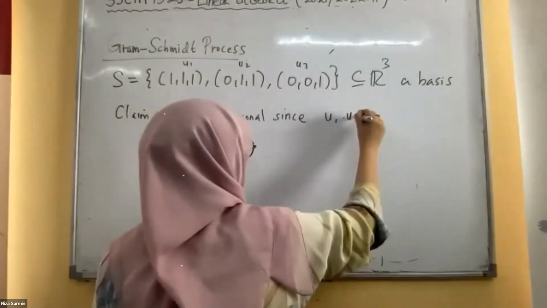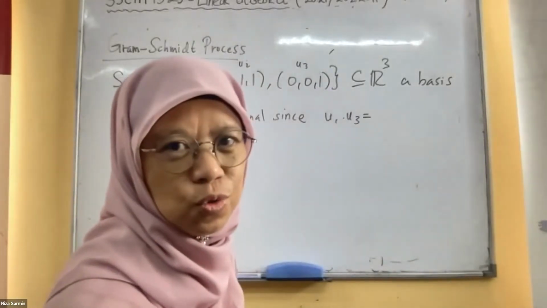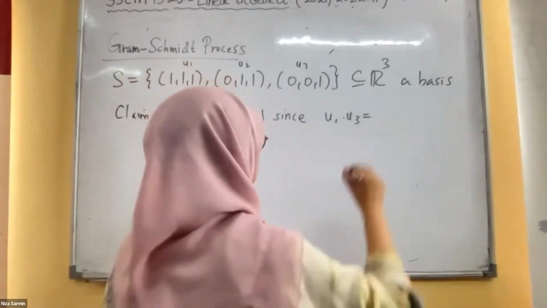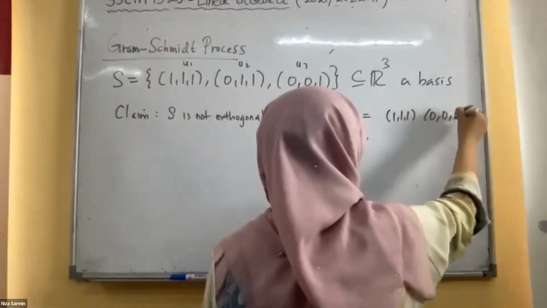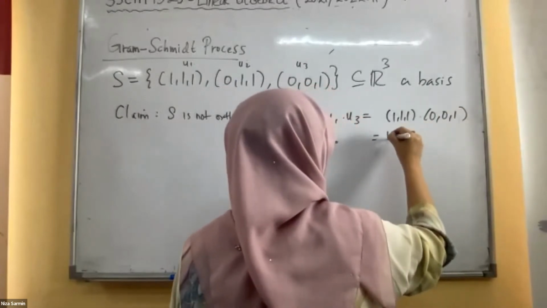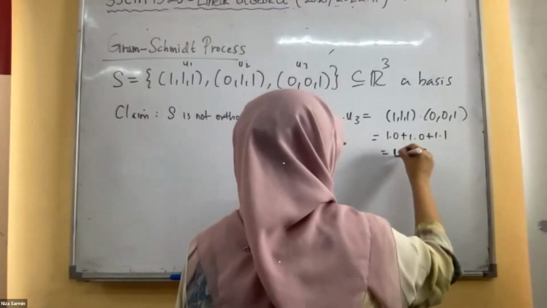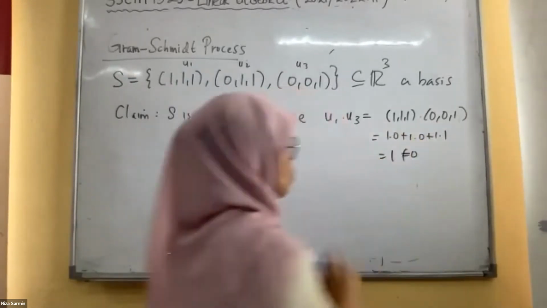U1 dot U3. Why U1 dot U3, not U1 dot U2? Because U3 is easier to multiply. (1, 1, 1) dot (0, 0, 1) is equal to 1 times 0 plus 1 times 0 plus 1 times 1, equals 1, which is not 0.